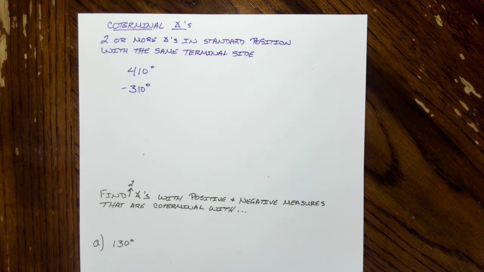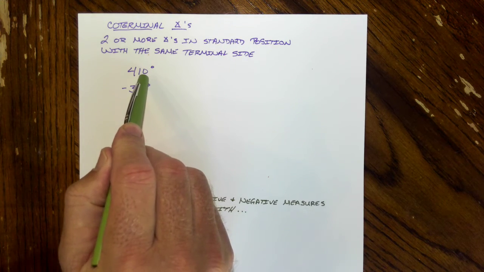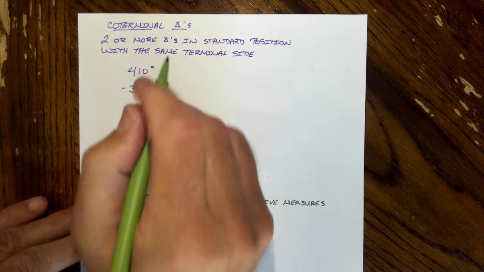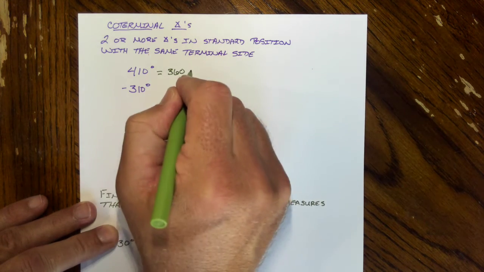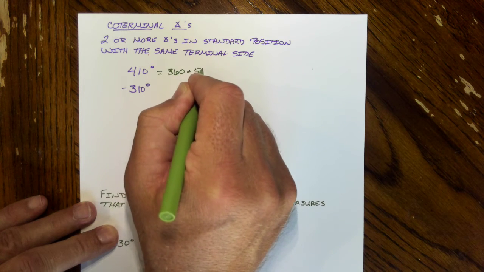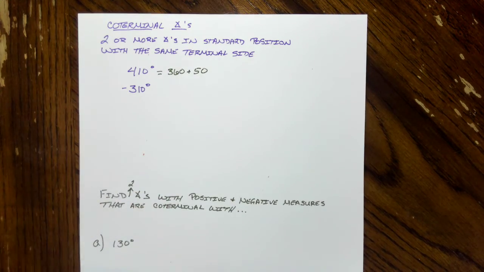But let's look here. We need a 410 degree angle. Well, going back from our last example, I know there's a full revolution going on here. So that's definitely 360 degrees plus another 50. Something to keep in mind here. All right. Now this one, I got a negative 310.